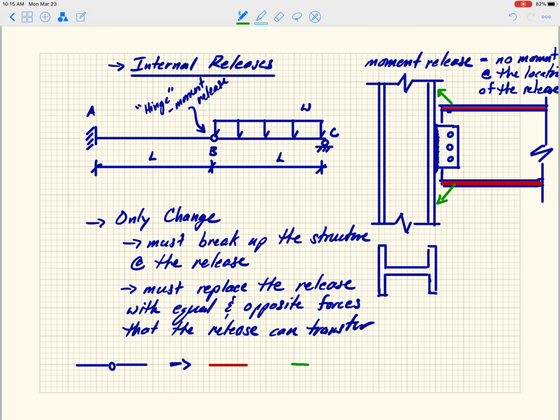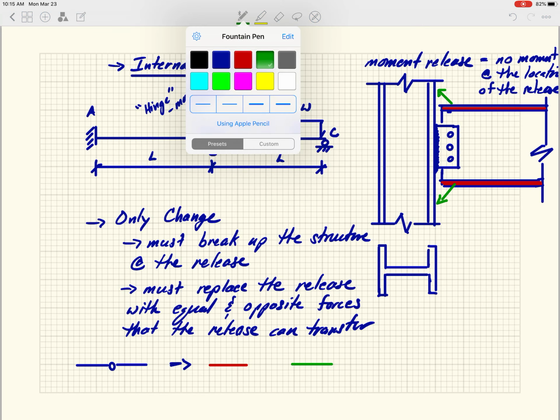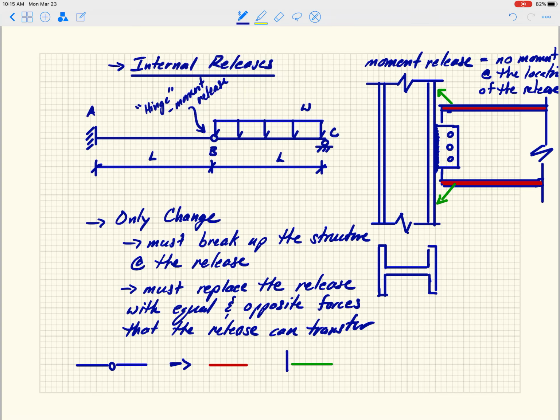What that becomes is now I've separated the structure, and I'm going to put the two forces that the moment release can transfer. They can transfer horizontal force and vertical force, but cannot transfer moment. And then on the opposite side, I'm going to put the equal and opposite forces. So these are equal and opposite.